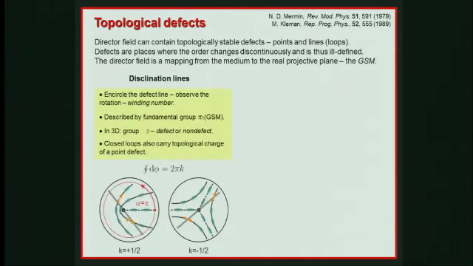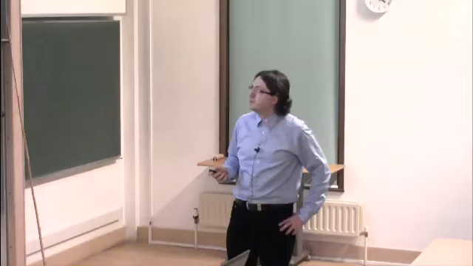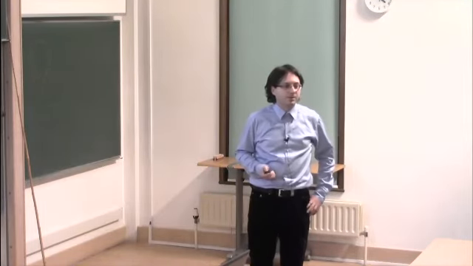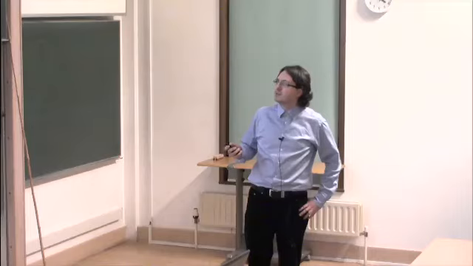We can describe the director field topologically as a mapping from the medium to the real projective plane, which is in this case the ground state manifold. And we know two types of defects in liquid crystals. The first are disclination lines, which can be described by the first homotopy group, the fundamental group, and this group is Z2, distinguishing just the defect and non-defect state.